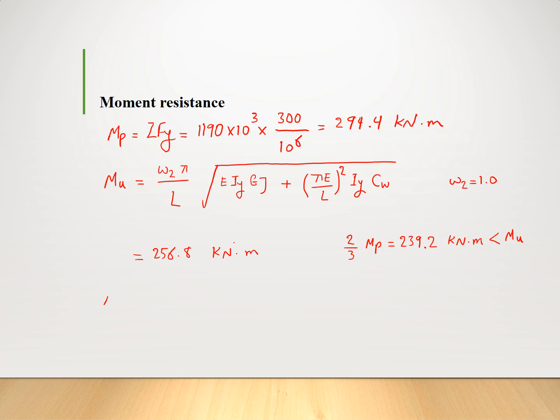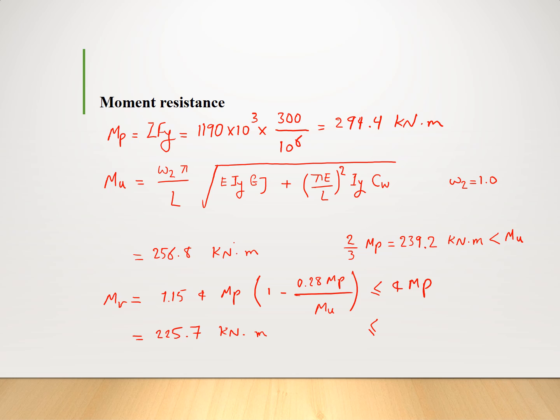Therefore, our resistance moment is calculated by this formula: 1.15 times MP times 1 minus 0.28 MP over Mu, and it should be lower than MP. So the left hand side will be 225.7 kilonewton times meter.